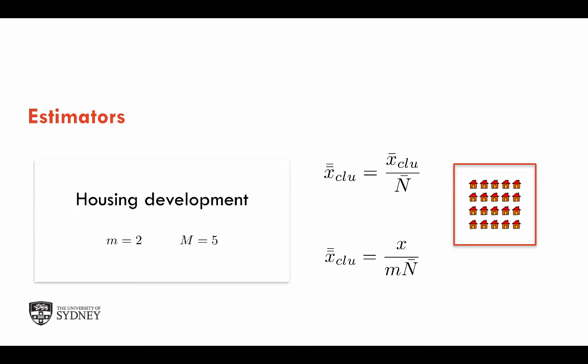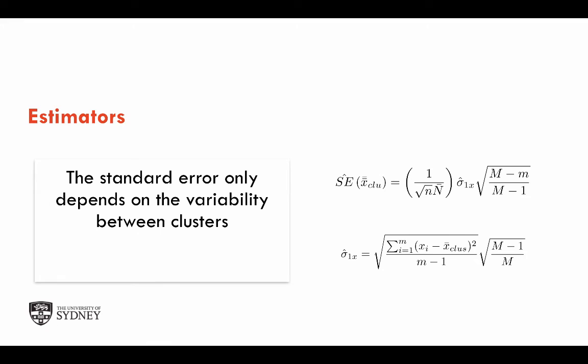Now, the last thing I want to talk about regarding estimators is, if you look at the expression of the standard error, in this case for the x bar bar that is presented in the book, you can see that the standard error depends on this sigma 1x, and this sigma given by this expression below is the variability between clusters, okay?